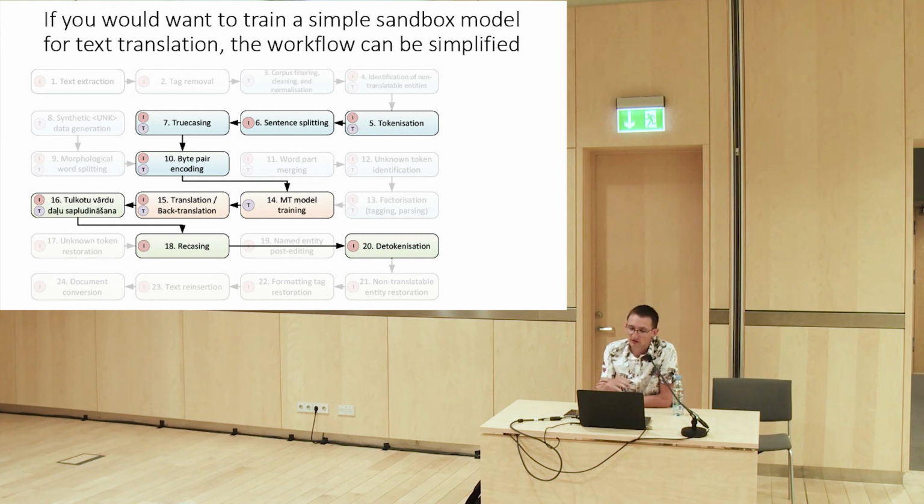It's the same with all the different processes that occur. If you true case a word, so transform the word from its writing in the text into its canonical writing in terms of character registers, you need to put the character registers back, so either uppercase or lowercase.